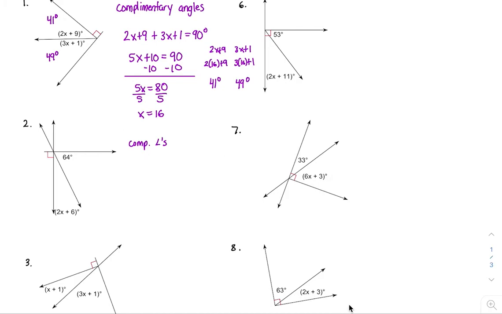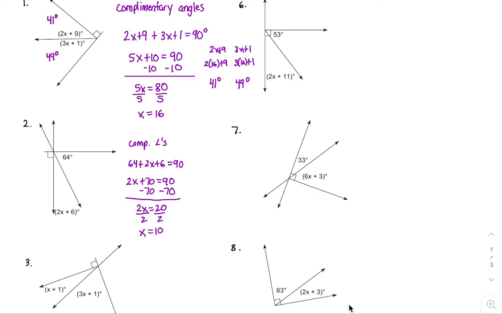Okay, so that means these two angles, based off the definition in your notes, add up to 90 degrees. So 64 plus 2x plus 6 is equal to 90. So 64 plus 6 is 70. Subtract 70 from both sides and divide both sides by 2. So x is equal to 10.